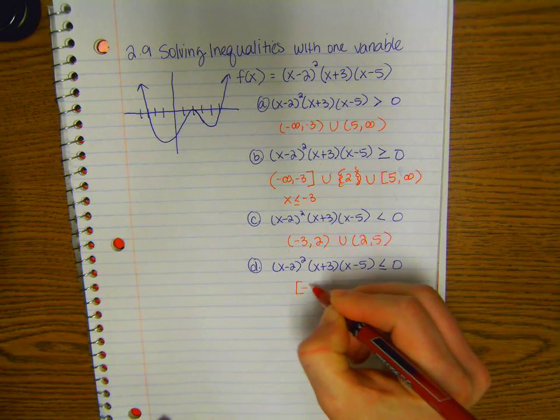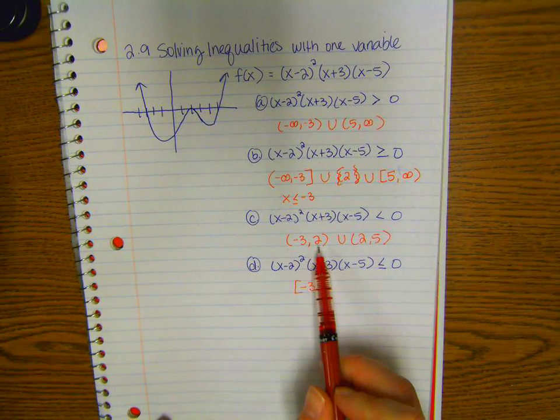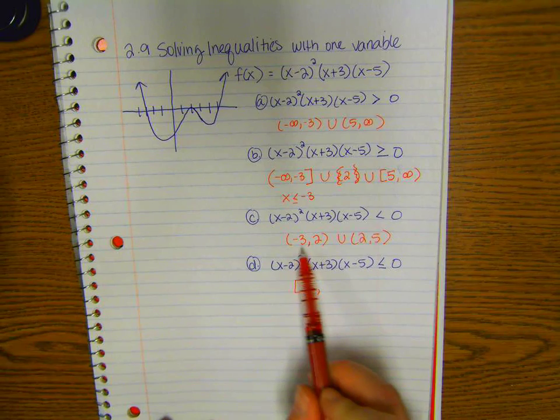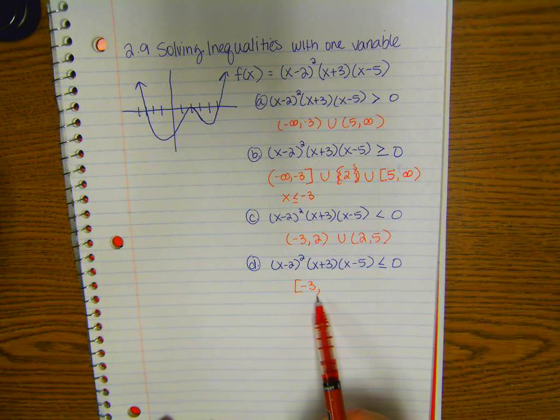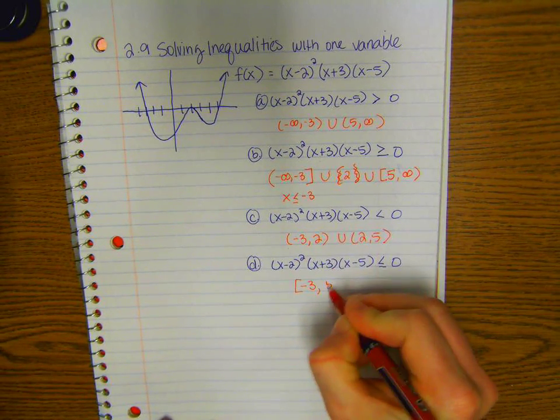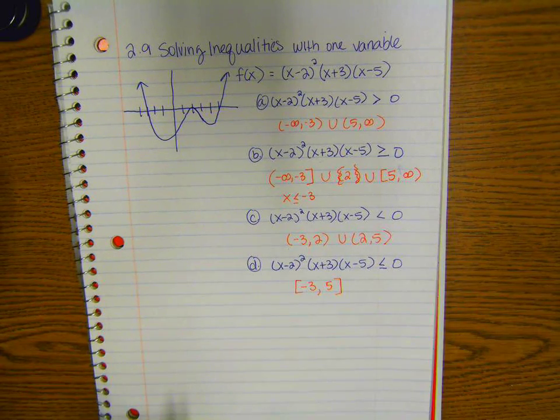Now, because the 2 is included, I can go all the way through. So I can write negative 3 to 5, and I include them.